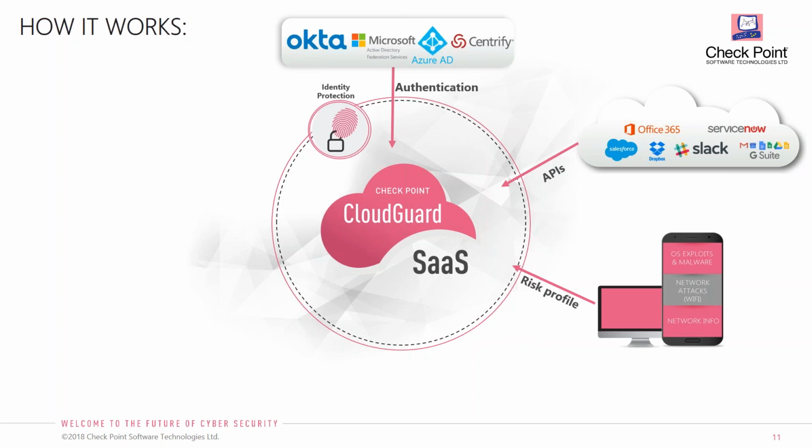We are also able to integrate and feed into identity providers, for example ADFS, where the cloud provider might use your identity provider to give access. We can get information from the identity provider and we can give information to the identity provider.